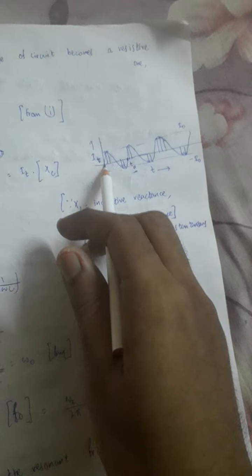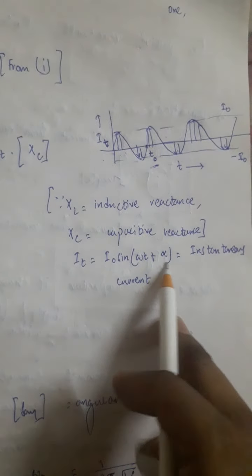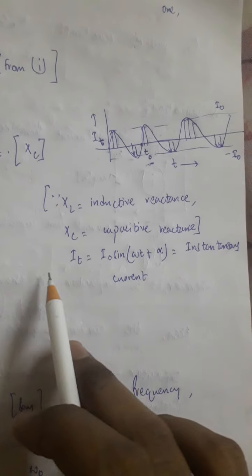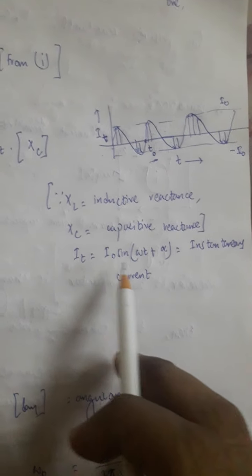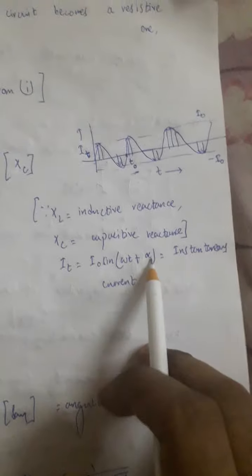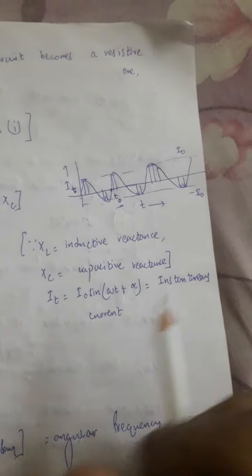But here I consider a little change, mainly alpha is equal to 0. So here alpha is equal to 0, and the instantaneous current becomes I naught sin omega t, taking alpha equal to 0 in this case.